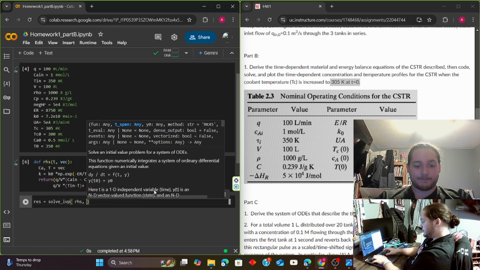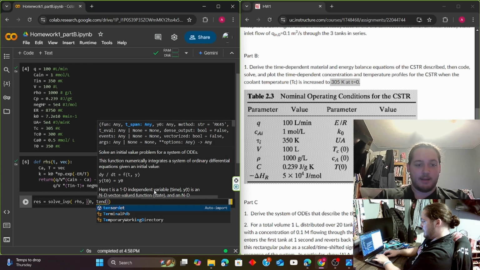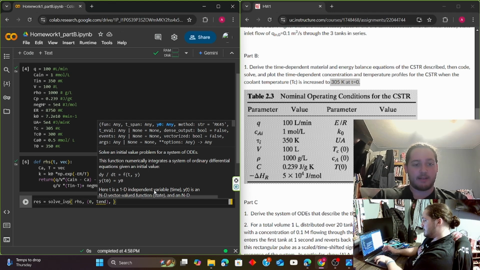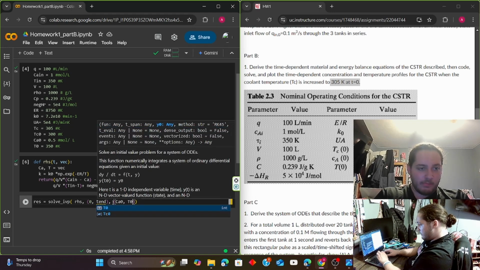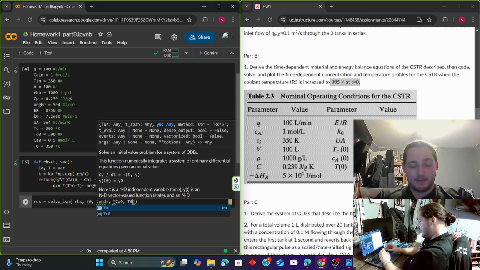The time span we can go from 0 to t end. We'll need to define a t end. Initial guesses will have CA naught and then T naught. We need to make sure that we keep that in the same order as our vector so that the orders of our arrays and lists stay the same.